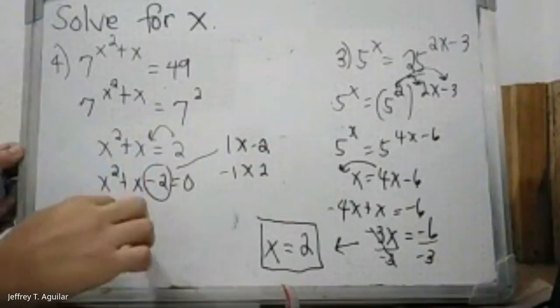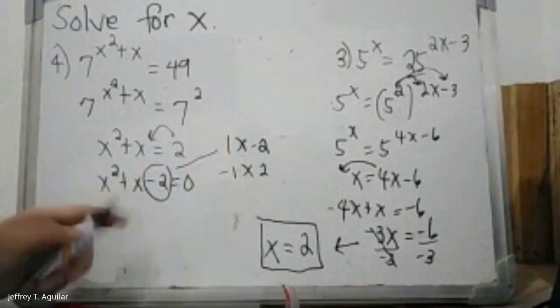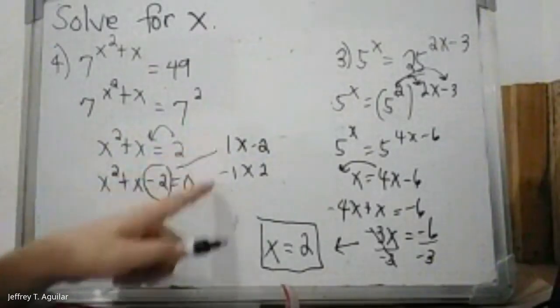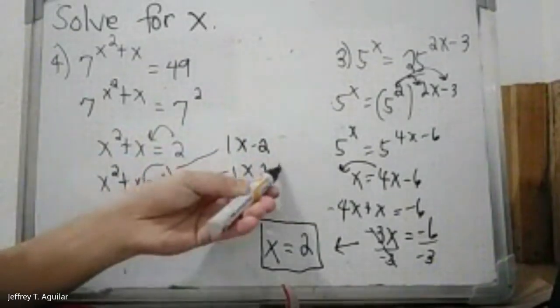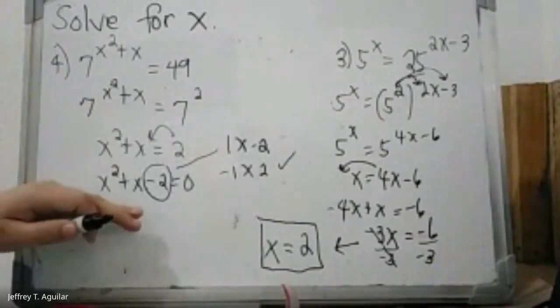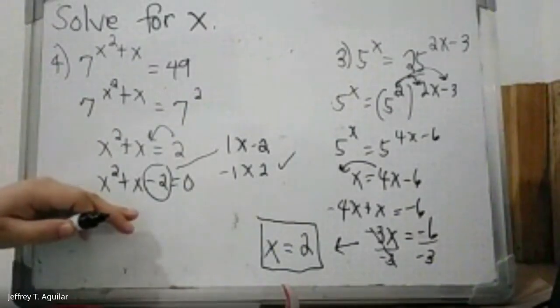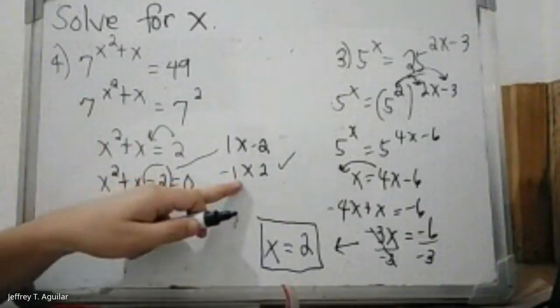Now, what I'm trying to point out is that if you're going to add factors, make sure that the sum will be the middle, which is positive 1. So which of the two will give the sum of positive 1? It's actually the second. So this will fall under the sum and product of the roots. So this is actually the factor.